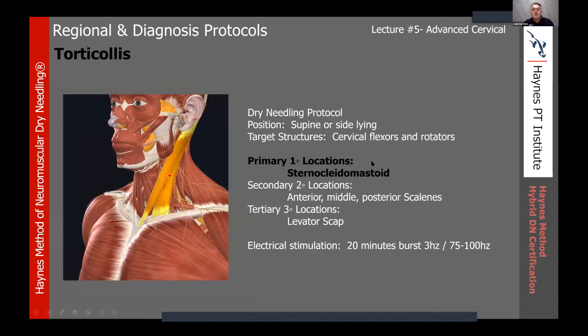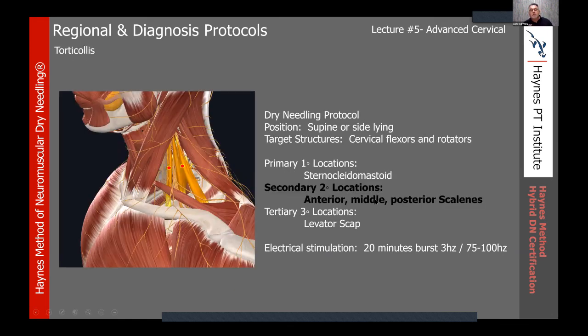And then torticollis. For torticollis, obviously first we'd look at the sternocleidomastoid. We talked a little bit earlier about how to pull that away from the body, from the neck, to stay away from the jugulars. So that would be position number one. Number two would go ahead and catch the scalenes.